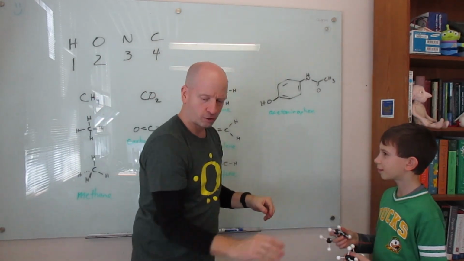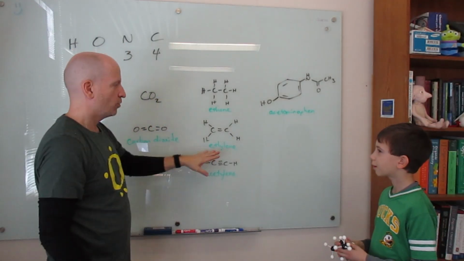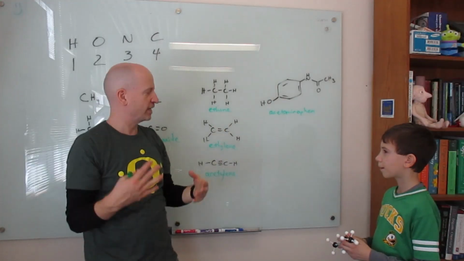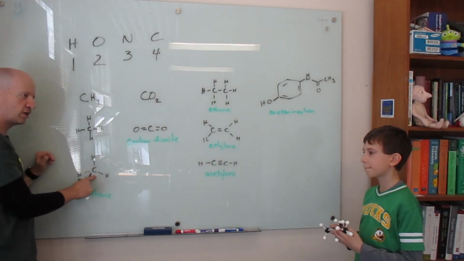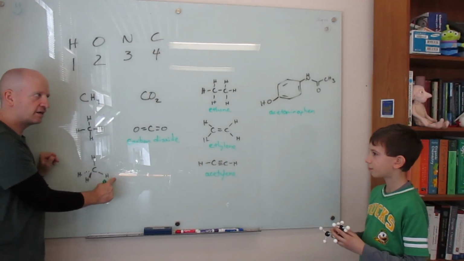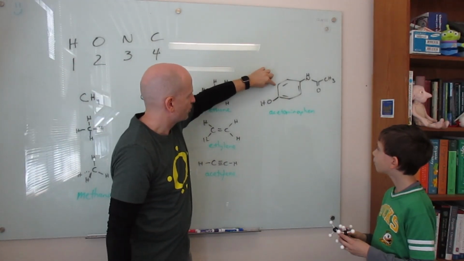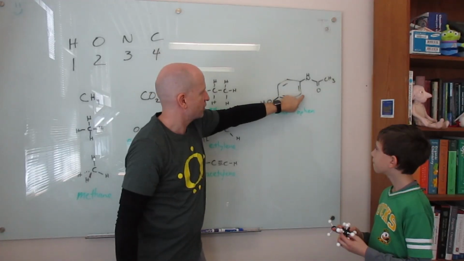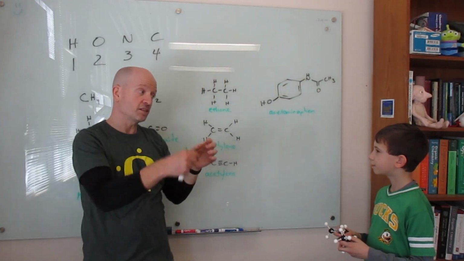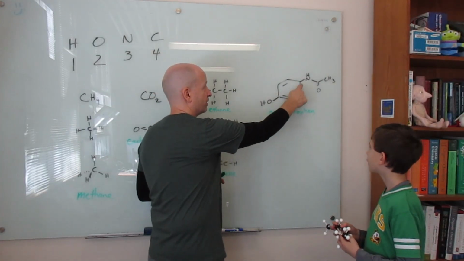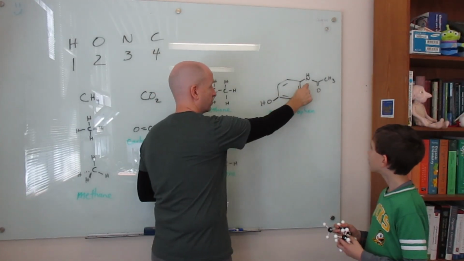Now when we get to larger organic molecules, we usually use a shorthand system, where we don't show every carbon, because it gets really tedious if we draw every carbon, every line, every hydrogen. And we draw structures like this, where there's a carbon at the intersection of every single line, unless we write a different atom. Okay, so carbon here, carbon here, carbon here, but here we have an oxygen, here we have nitrogen.